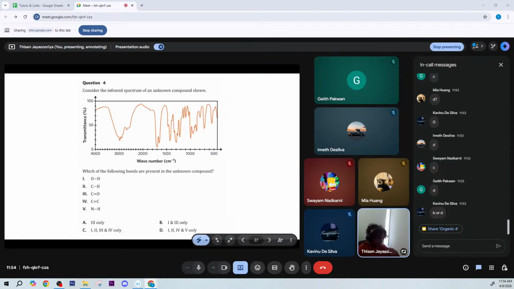So, here. Which one of the following are present in the unknown compound? What do you guys think? A, B, C, or D?